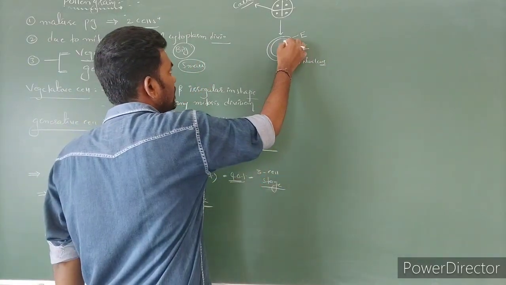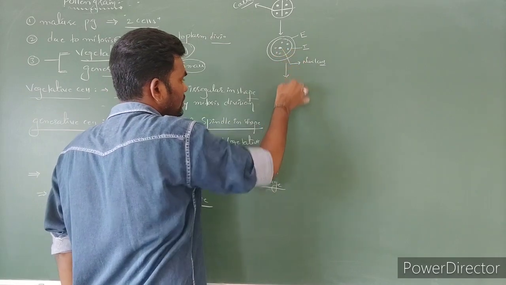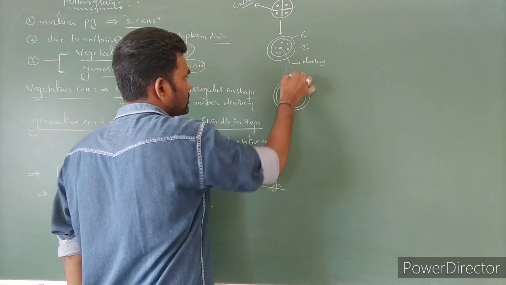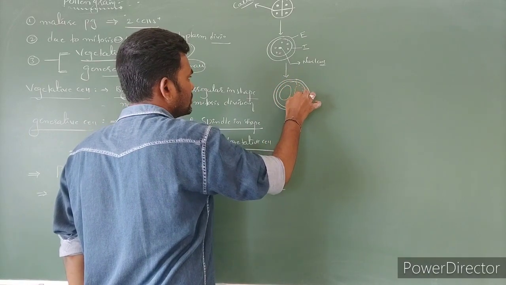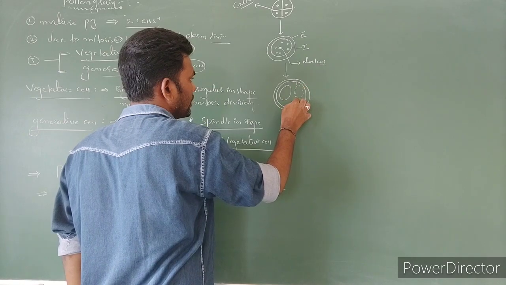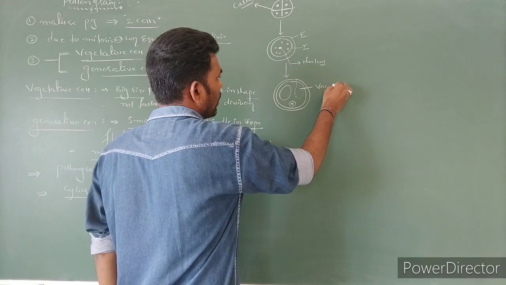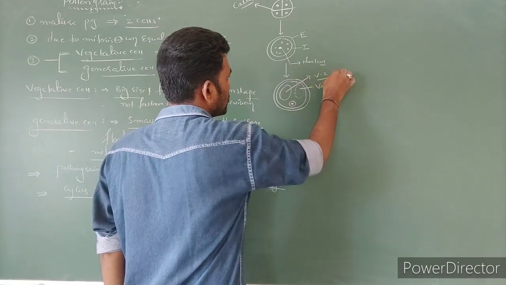At the beginning, a number of small vacuoles are present. When the pollen grain is matured, the small vacuoles all fuse to form big vacuoles. So this is the nucleus, this is vacuole 1 and vacuole 2.